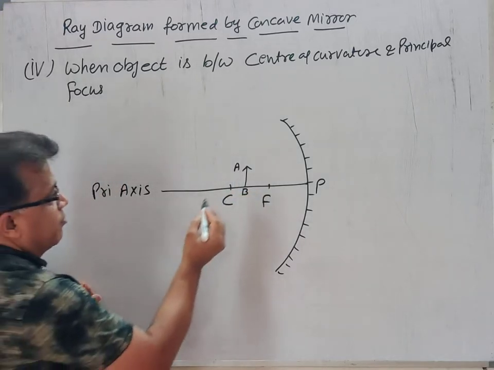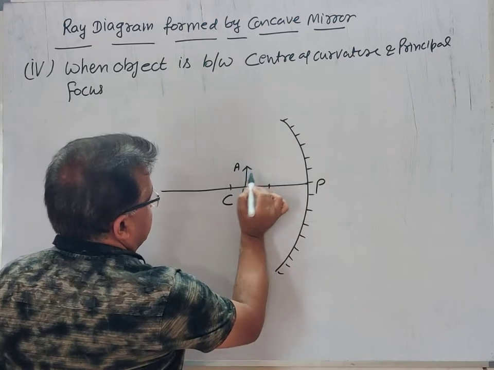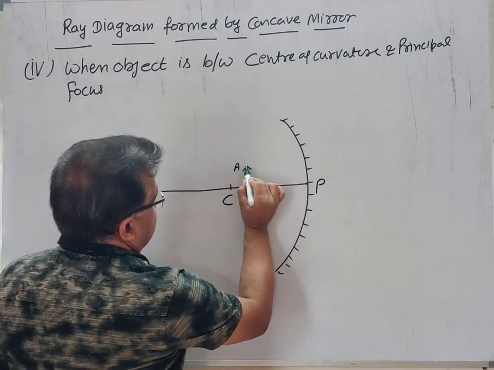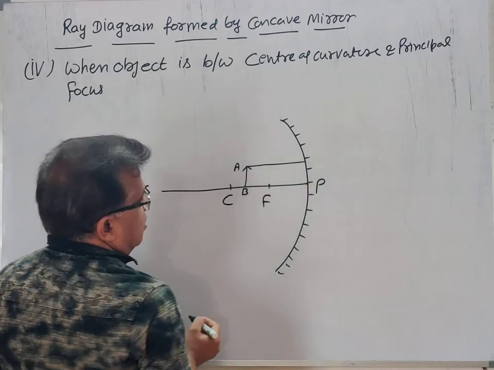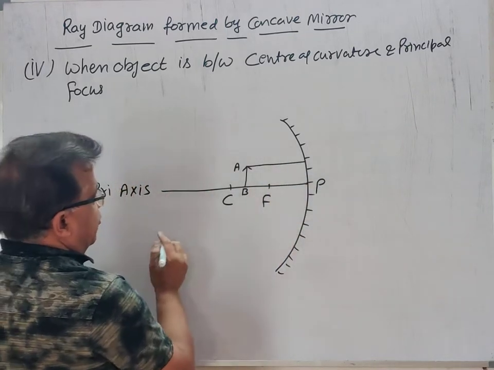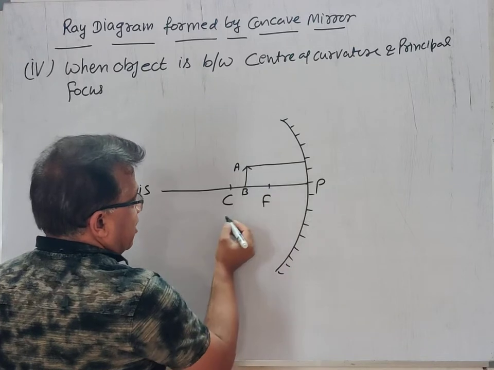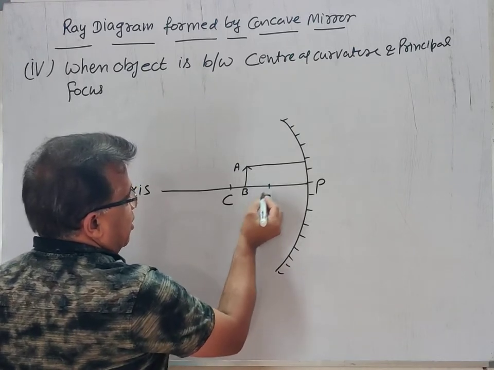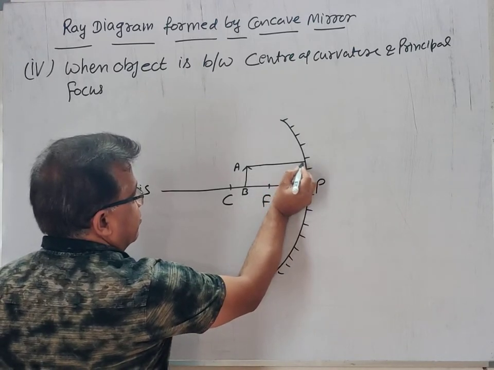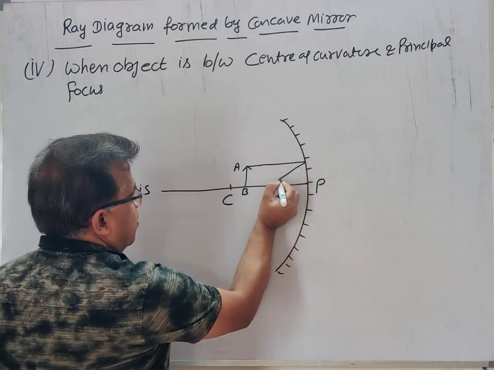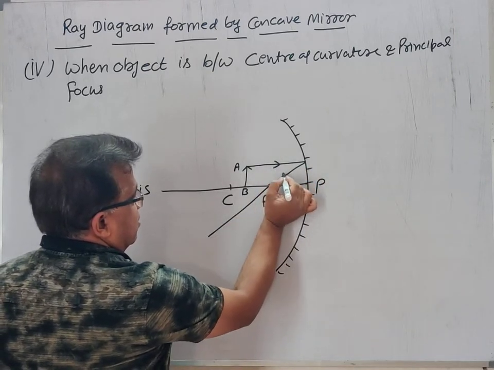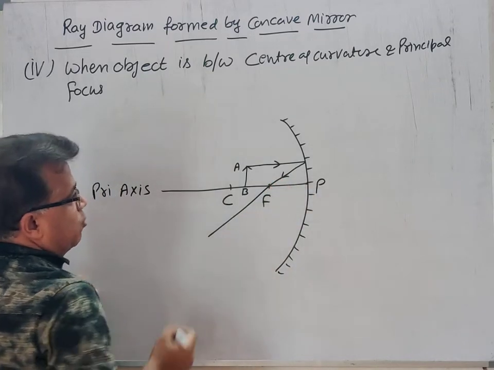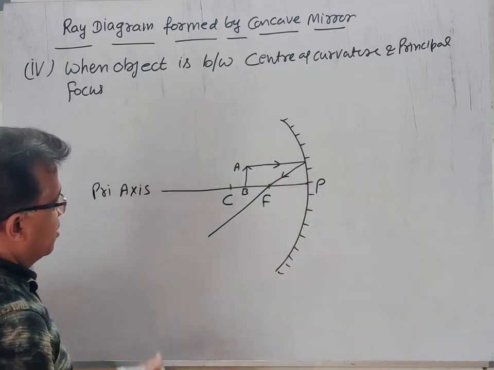Now one ray will be parallel. It is an incident ray which is parallel to the principal axis, and after reflection it will pass through F. Incident ray, reflected ray passing through the principal focus.